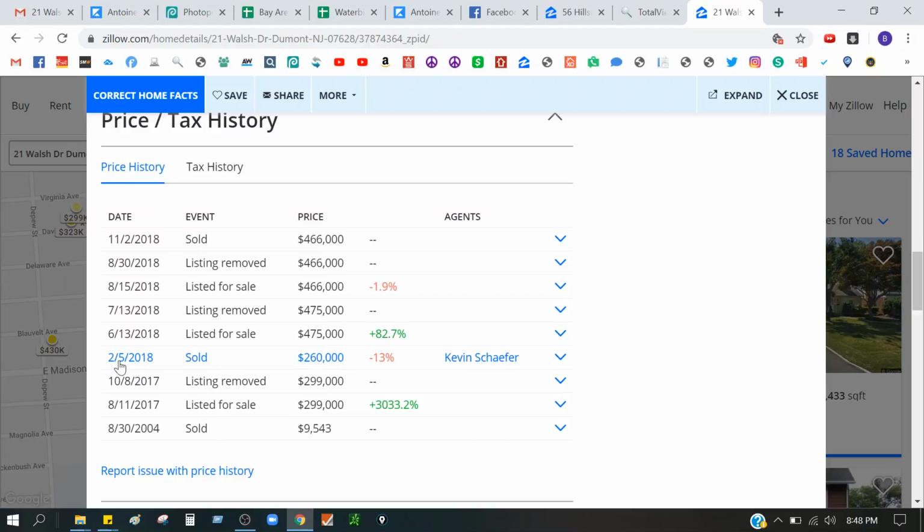January 9th, I sent it out. And it actually closed earlier, but this reported here on Zillow on 2/5. That's when they actually put it up there. I don't know if it was the actual close date. I don't remember. It was a while back.